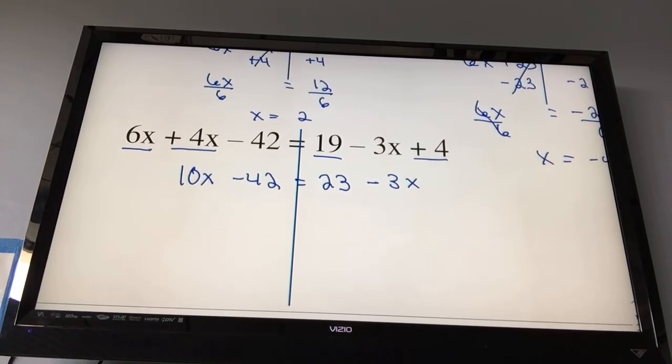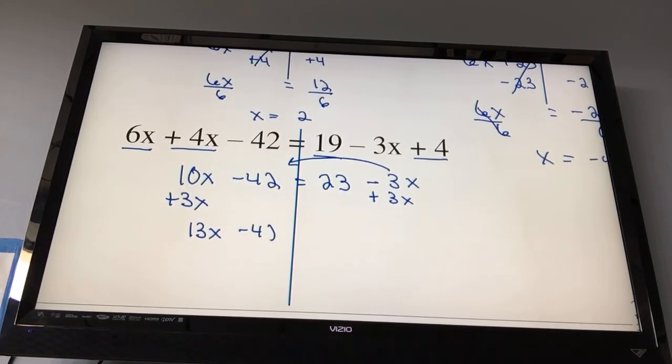All right, when I am moving things, you have to be able to read the question. So when you see minus 3x, then you should be plussing 3x. You want it to equal 0. You want it to cancel out. And then 10 plus 3, 13.